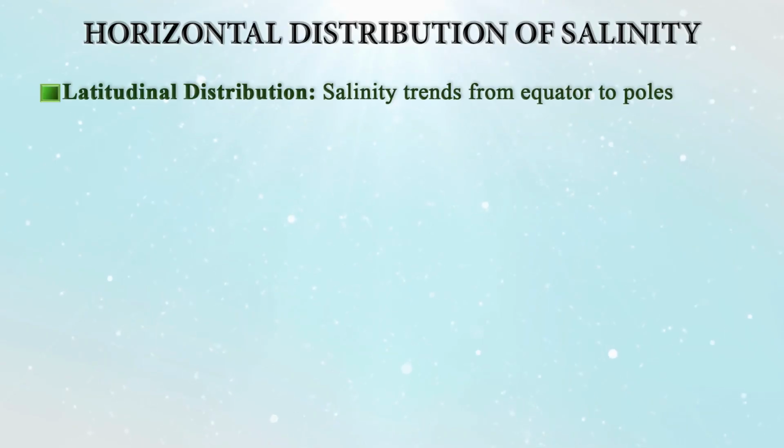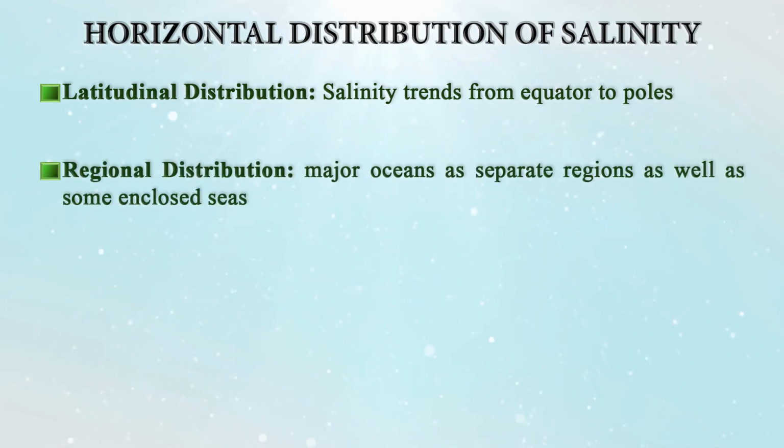Now, let us study the distribution of salinity of the oceans, both in terms of the horizontal distribution and vertical distribution, like we studied in the previous video program, the horizontal and vertical distribution of temperature in the oceans. Horizontal distribution is studied in two ways, like latitudinal distribution, where we see the trends of salinity from the equator towards the poles, and regional distribution.